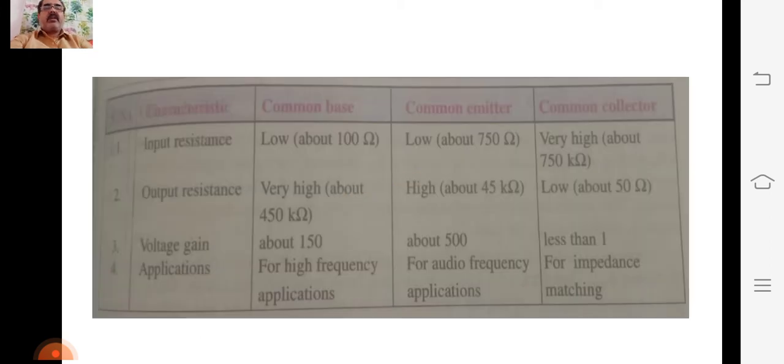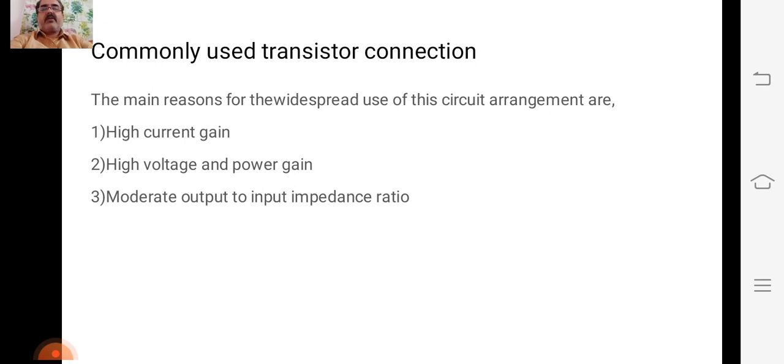Lastly, let us consider the third one, that is moderate output to input impedance ratio. In a common emitter circuit, the ratio of output impedance to input impedance is small, about 50. This makes the circuit arrangement ideal for coupling between various transistor stages.